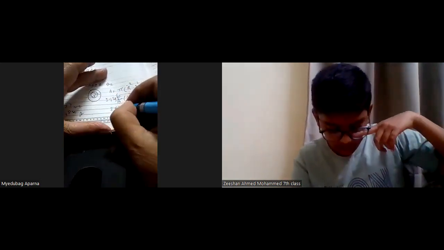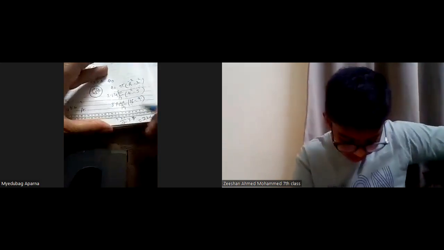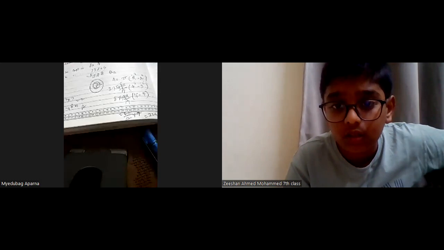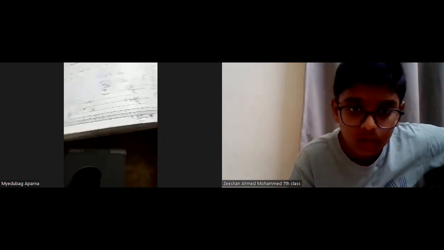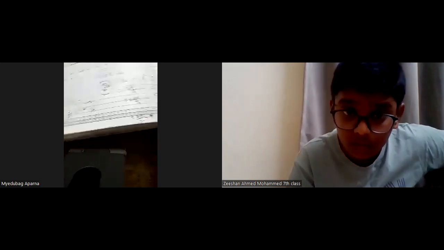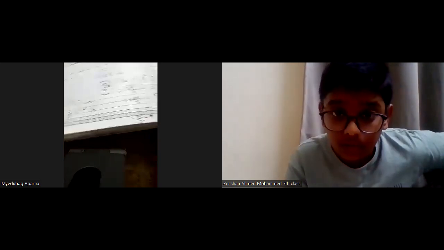3.14, and when you solve this bracket, it comes to 7. So 3.14 into 7.